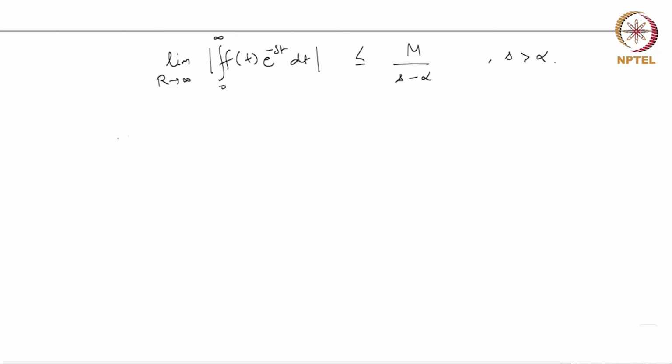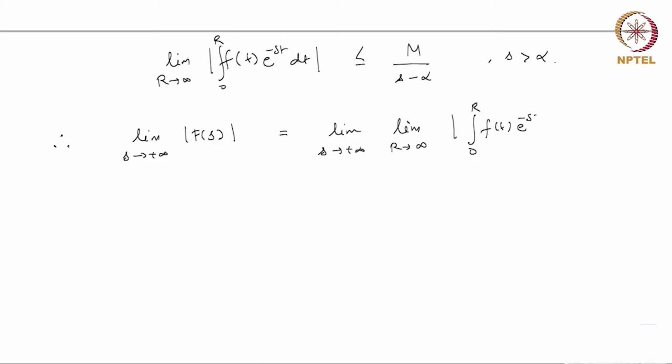So now we get that our limit as s tends to plus infinity of the modulus of F(s) is equal to the limit as s goes to plus infinity, limit r goes to plus infinity of the modulus of, sorry, so this should be r here, the integral from 0 to r of f(t) e to the power minus st dt, and now we know that this is less than or equal to M over s minus alpha for all s greater than alpha.